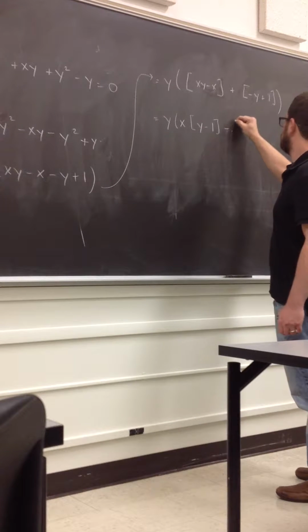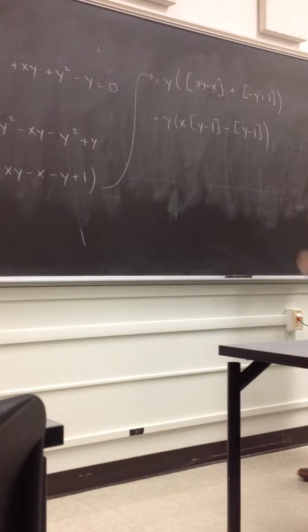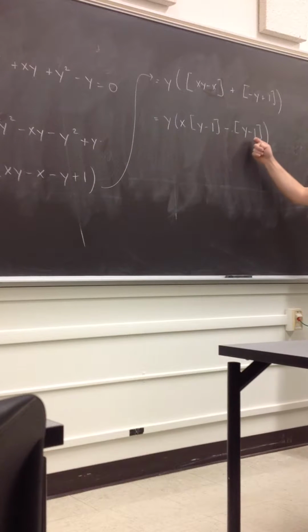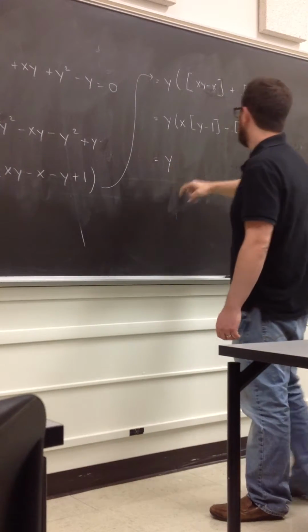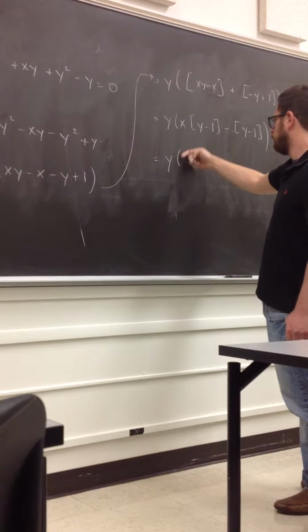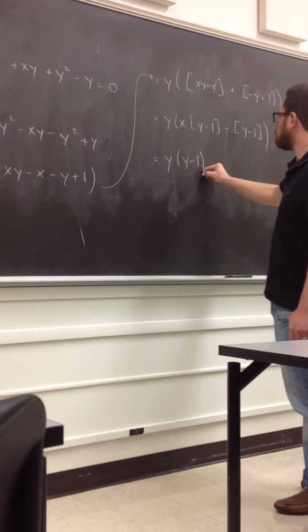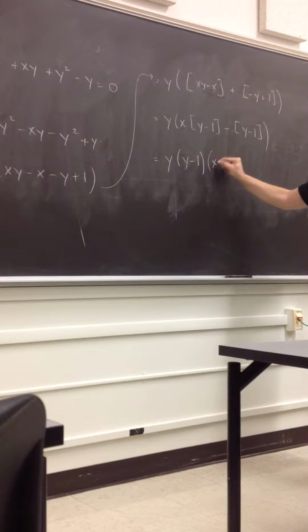So now we have 2 terms, and y minus 1 represents the common factor between these 2. We have y, and then if we factor y minus 1 from this, that leaves us with x minus 1.